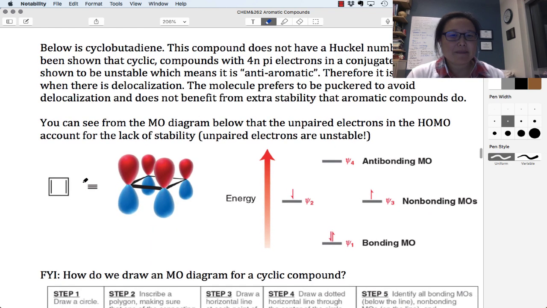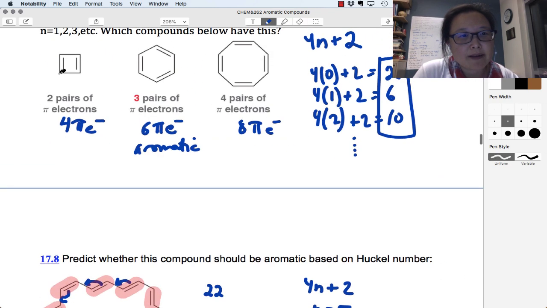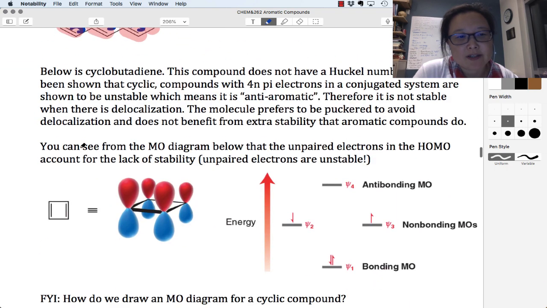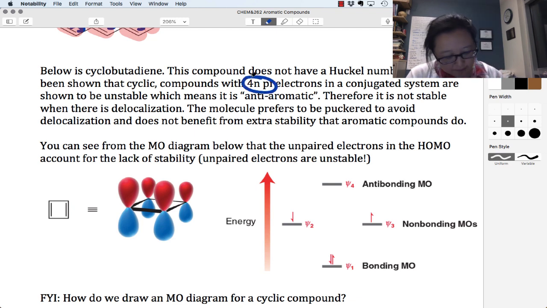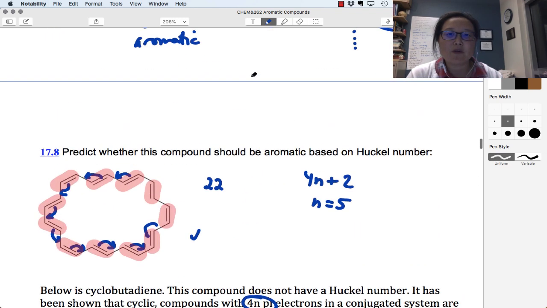Now let's look at some molecules that don't have a Hückel number. What happens there? Okay, so this is cyclobutadiene. This compound does not have a Hückel number, and we did that example up here. It's got 4 pi electrons, 2 pi bonds times 2 is 4. Now, molecules with a 4n number of pi electrons, not 4n plus 2, that's Hückel, right?